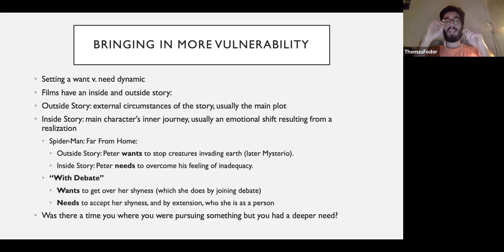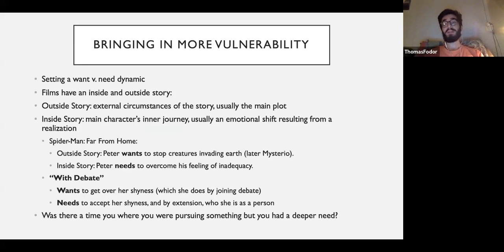All right. Now, another way to incorporate vulnerability into your essay is to really focus on that want-need dynamic, which can be somewhat found in the feelings and needs exercise, but can be further developed and made clear through this kind of approach.